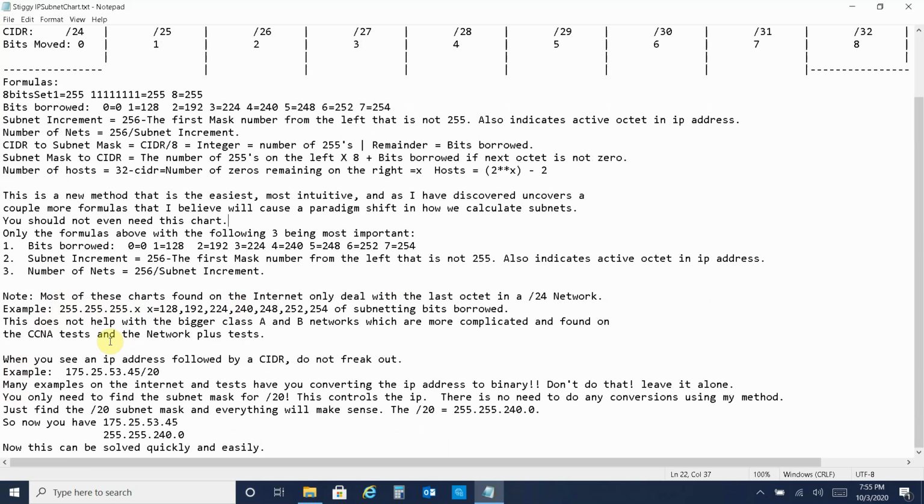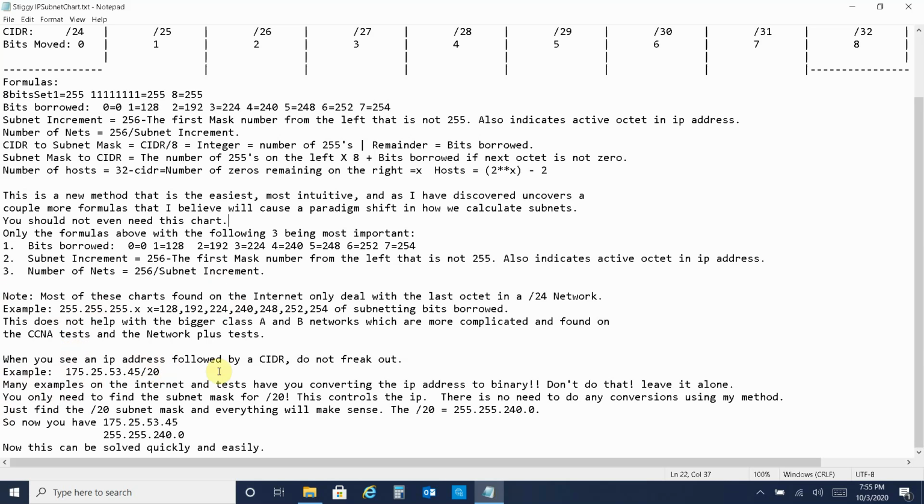So, if you see an IP address followed by a CIDR, you don't need to freak out. It might be something like /20. Now, you see that's below our /24, so we're going into Class B, okay?